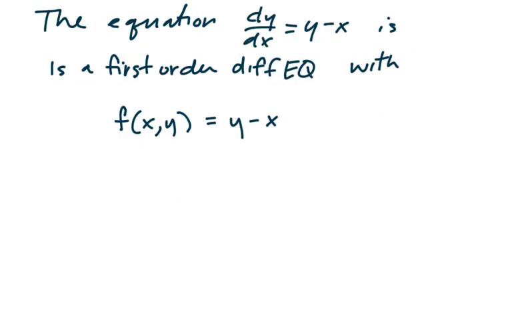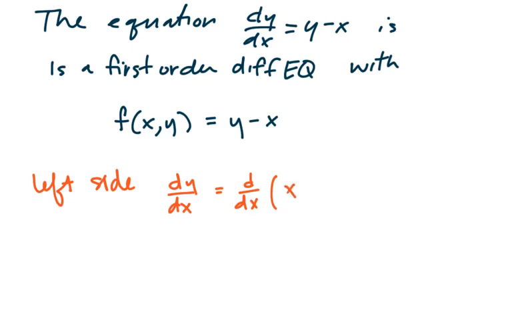So we'll deal with this in two sides, and we'll think about having a left side. The left side is my derivative, dy dx. And the derivative is going to be d dx of that original function, y, which is x plus 1 minus 1/3 e to the x.